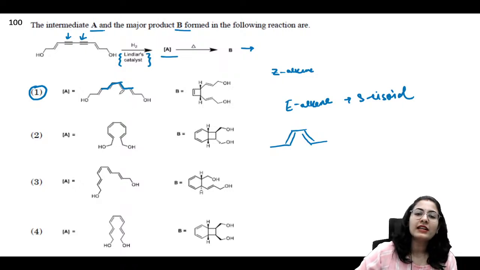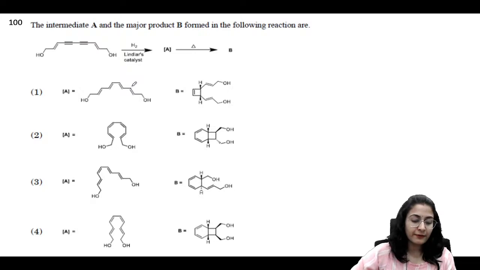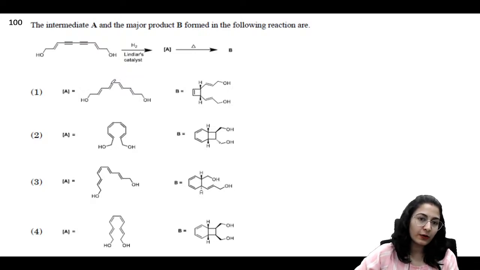But it is not the cis alkene, right? So we have to be careful. तो ये हो गया यहाँ से गलत.